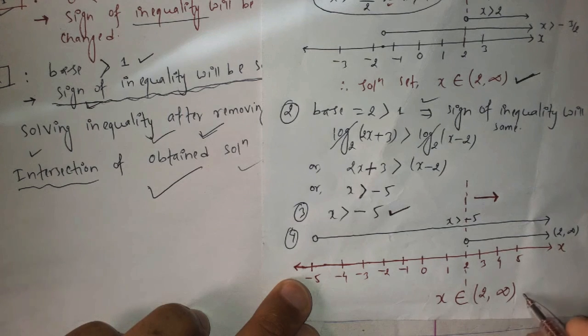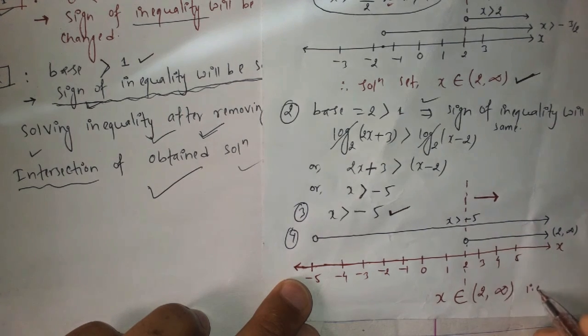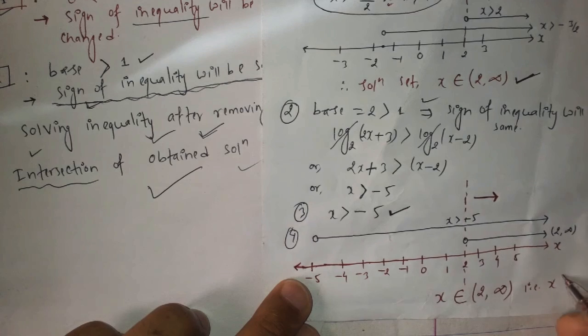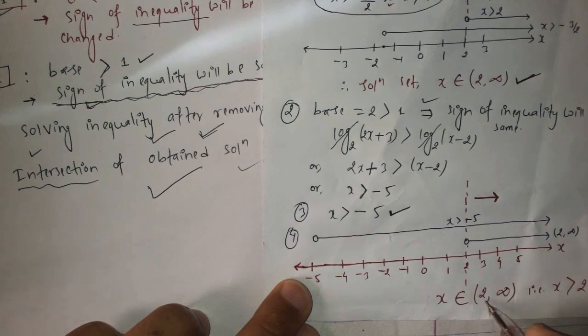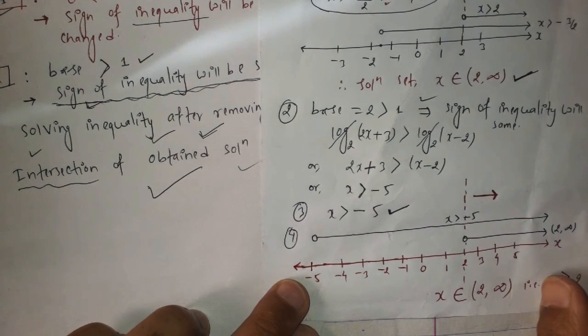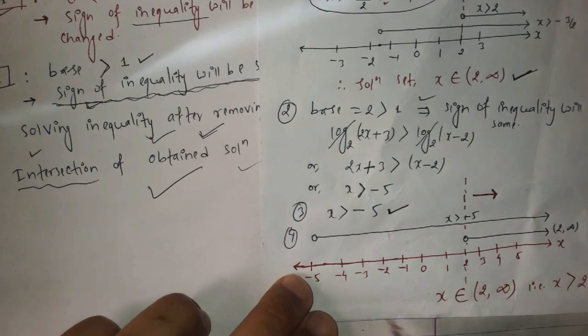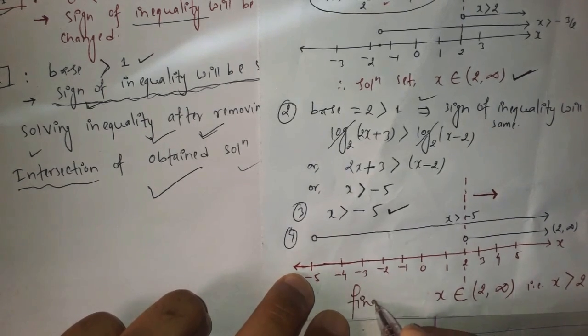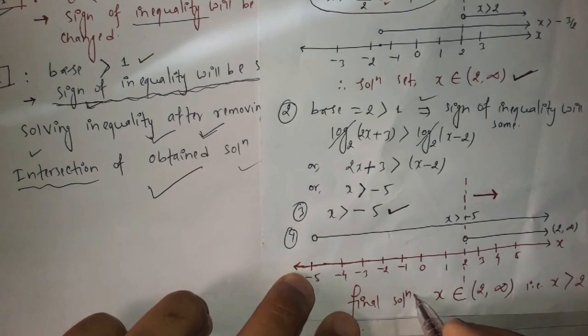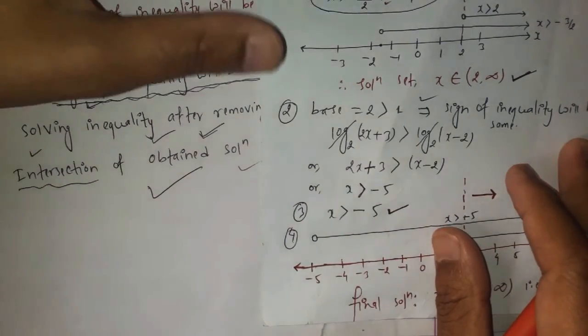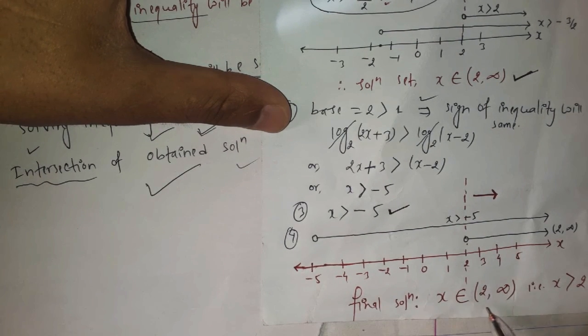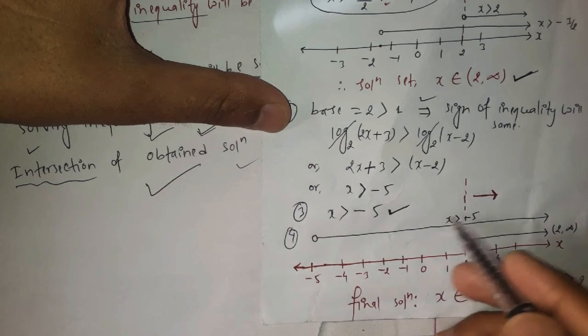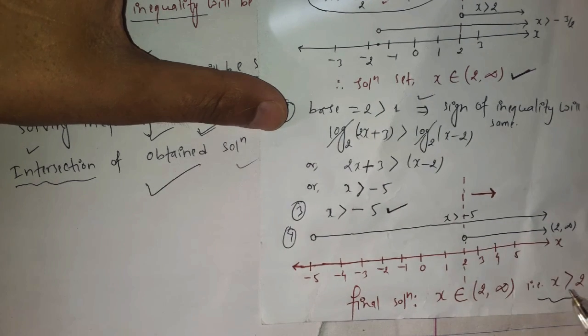It can also be written in inequality form: x is more than 2, but 2 is not included. This is the final solution for the given inequality: the unknown is greater than 2, obtained by taking the intersection of the two solution sets.